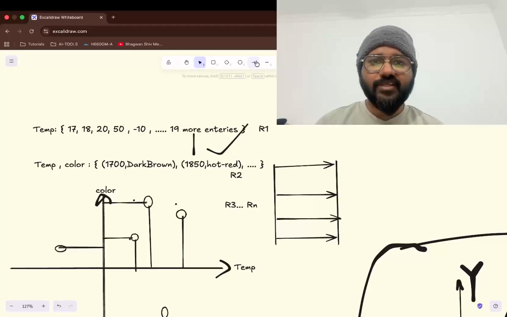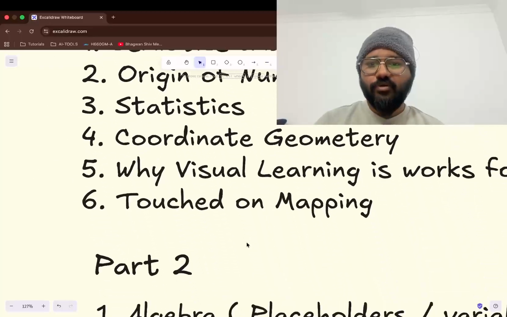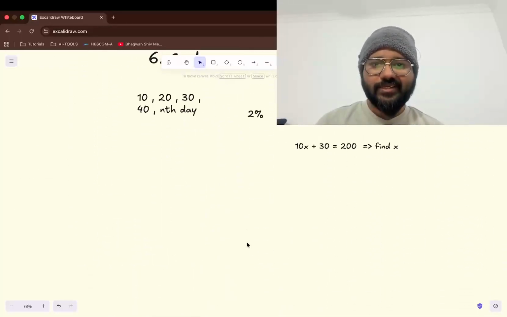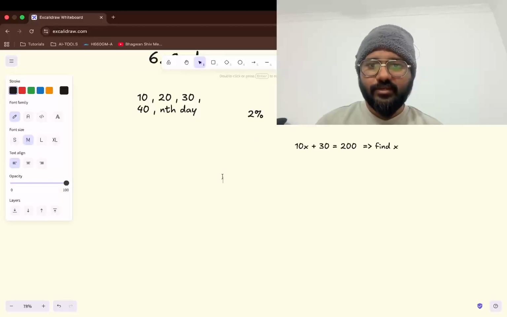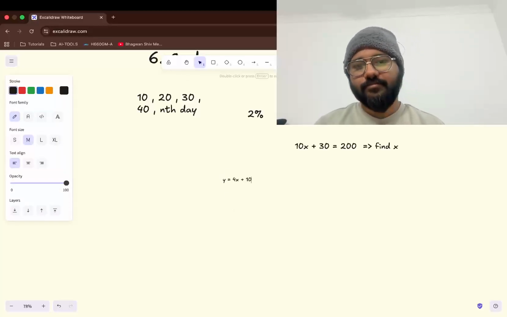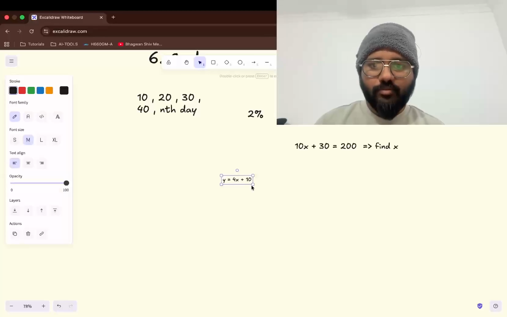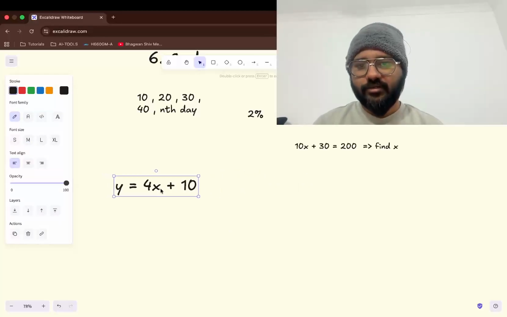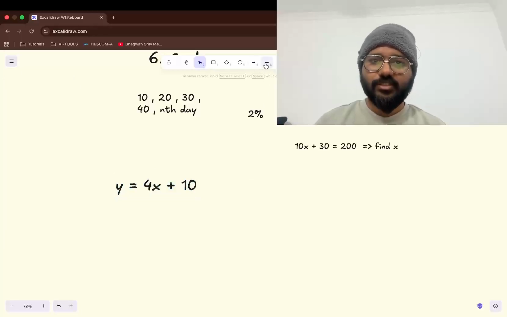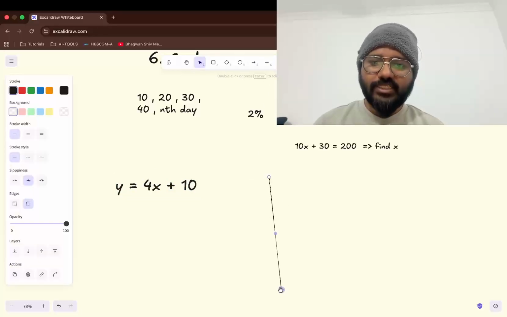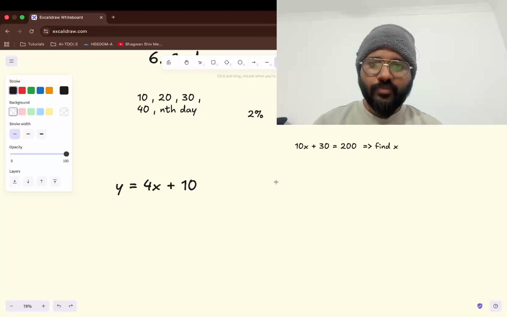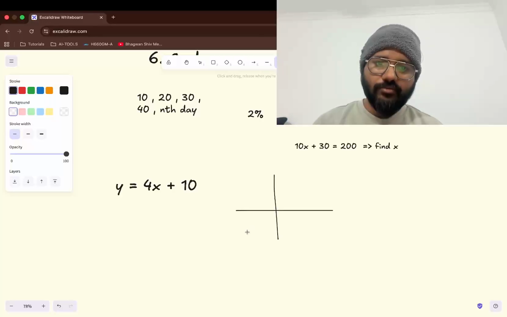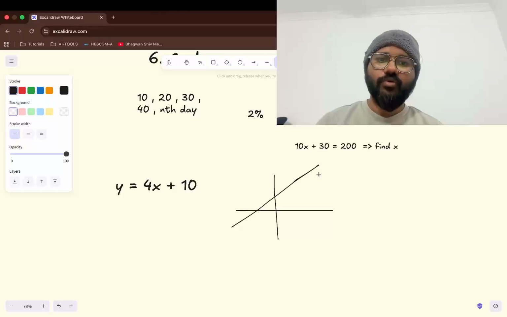But since we already know algebra, let's say there is a relationship defined like y is equal to 4x plus 10. Is it dealing with continuous mathematics or discrete? You will say it is continuous. Why? Because for every x value there is a y.